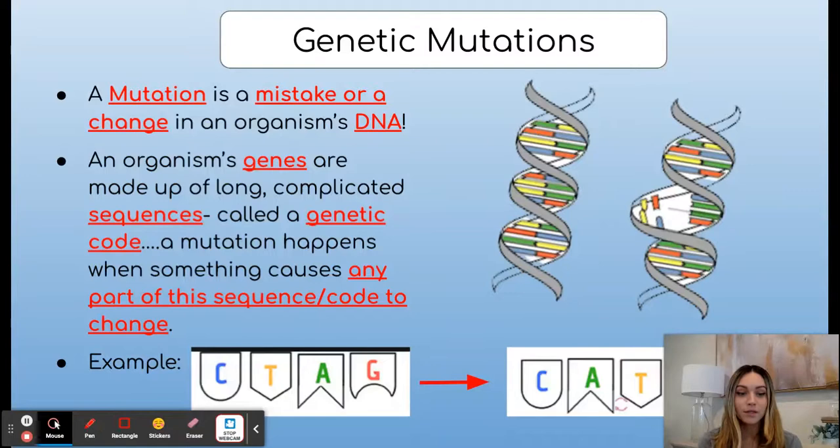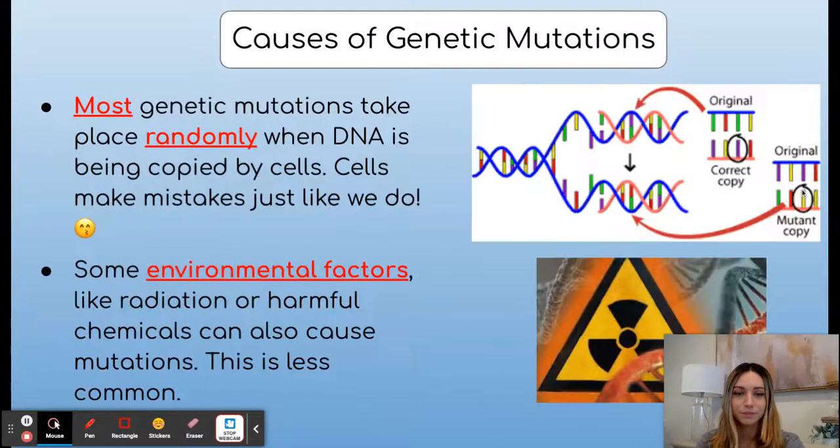For some reason, which we'll talk about in a moment, a mutation took place, changing that sequence to CATG. So we can see that there has been a change or a shift in the code. That A and that T were switched around, causing the code to be different. That is what we call a genetic mutation.